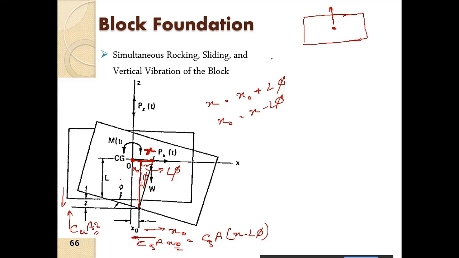Now what about this force? This force will be acting at this position, at a distance L. So we have C tau A into x minus L phi, and we have the lever arm L.